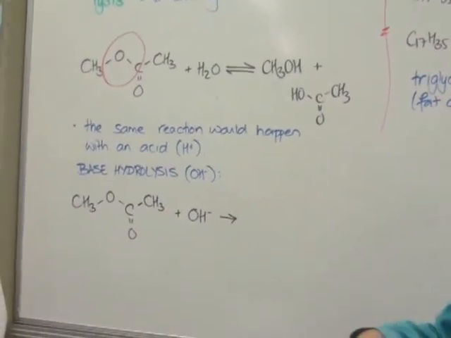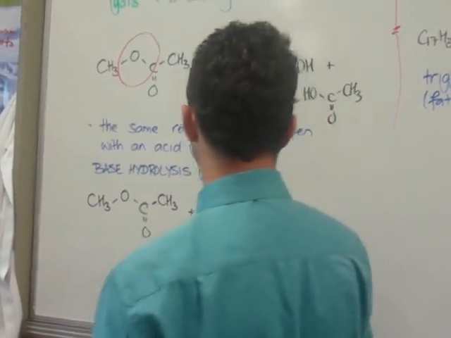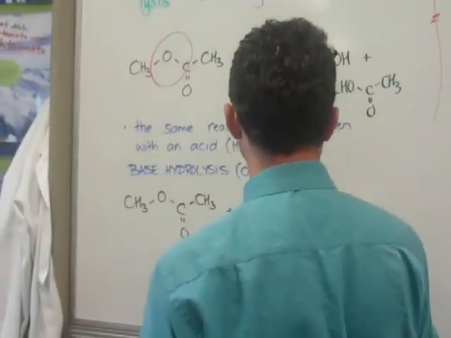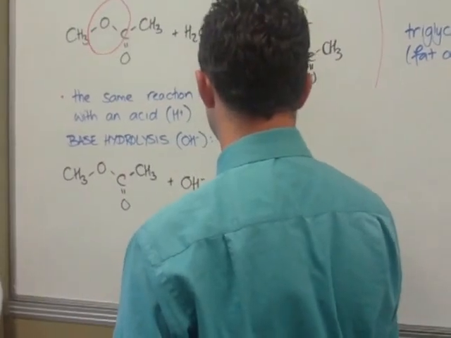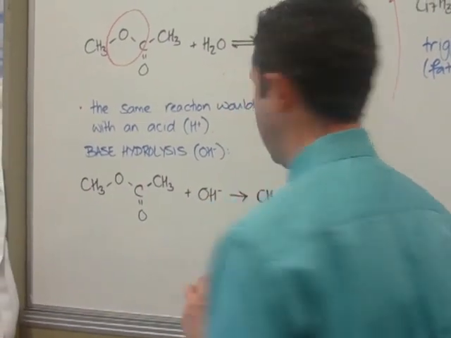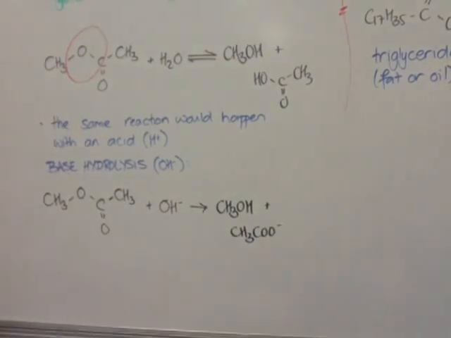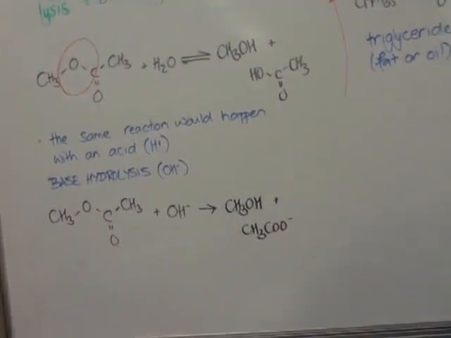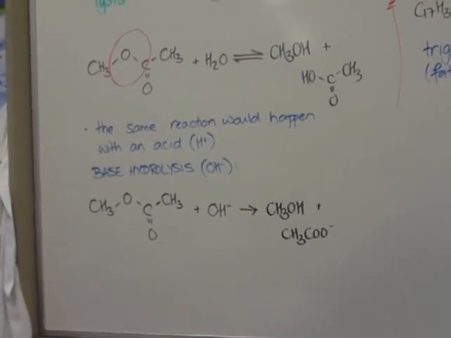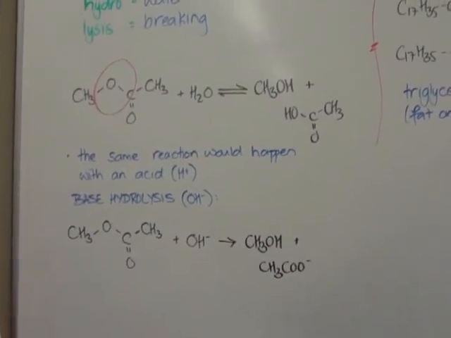So that's what we're going to show you in this one down here. It still makes methanol. But in this case, it makes the ethanoate ion. What's the other difference that you can see between these two reactions? And it's subtle. One's an equilibrium and one's not. Good. One's an equilibrium, whereas one is actually a reaction.